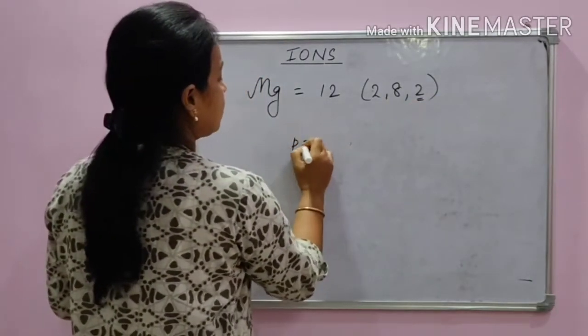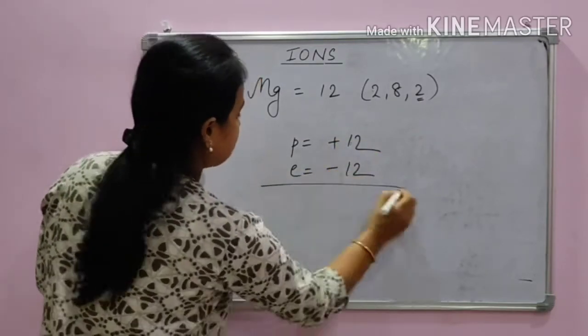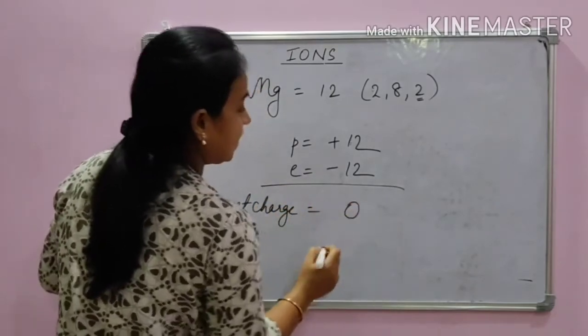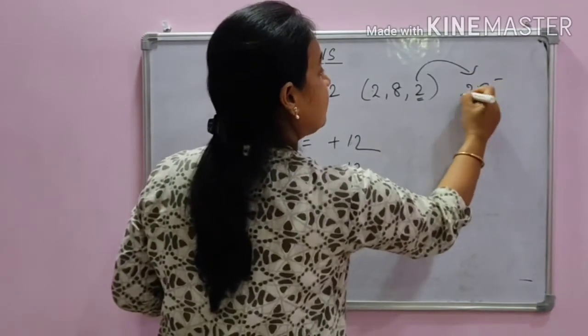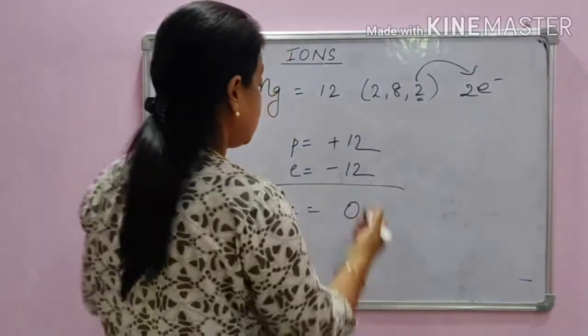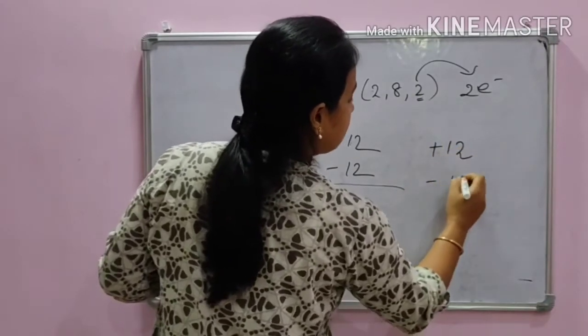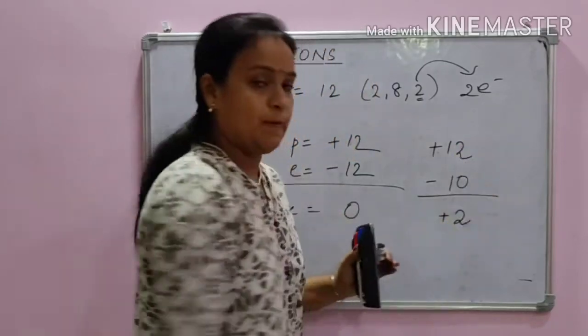Initially the number of protons was 12, electrons was also 12, and the net charge was 0. But now after losing 2 electrons, it will give these 2 electrons to some other element that needs them. Protons remain 12, electrons become 10, so the net charge is plus 2.